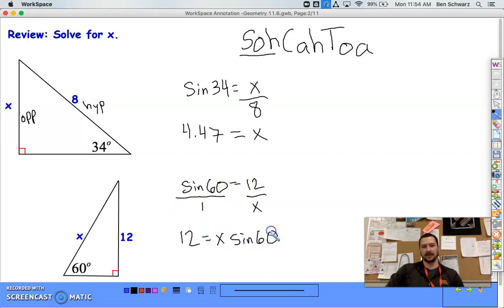So to get rid of the sine 60, we've got to divide both sides by sine of 60. So 12 divided by sine 60 is 13.86. So we'll be doing that a little bit today.